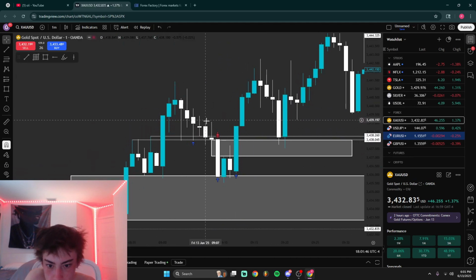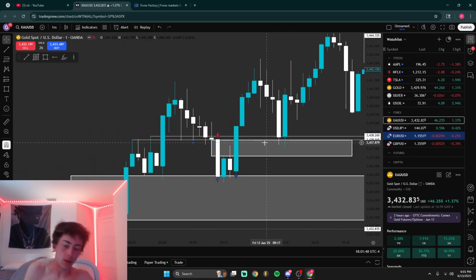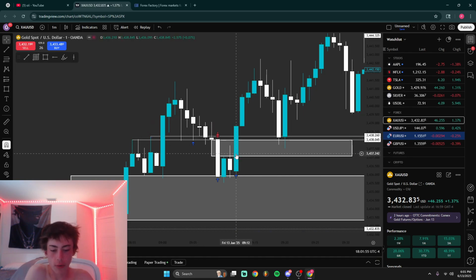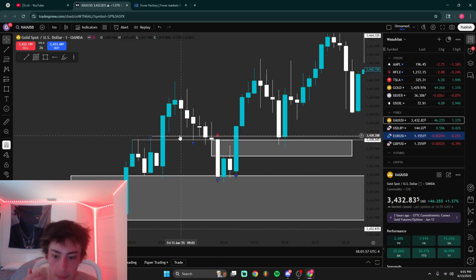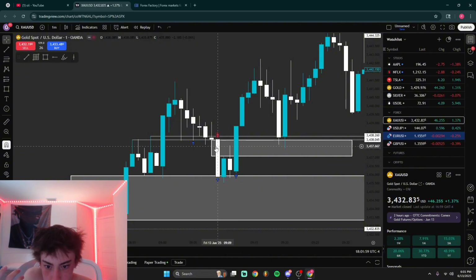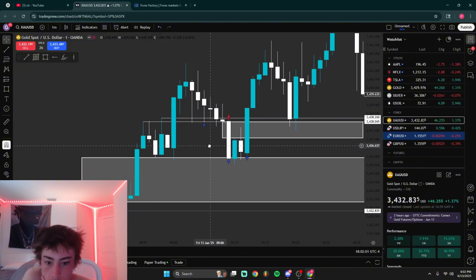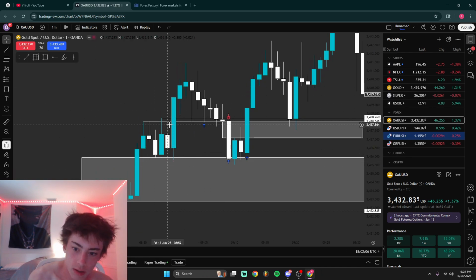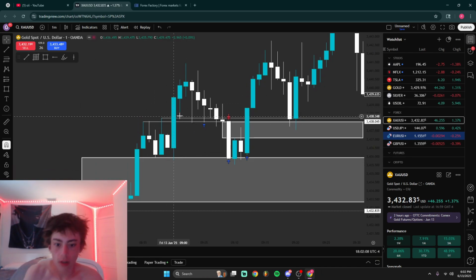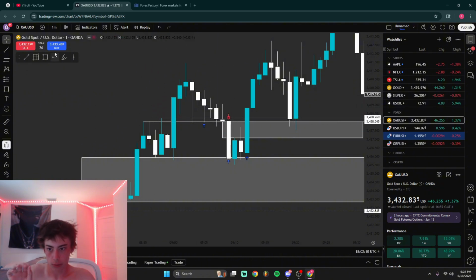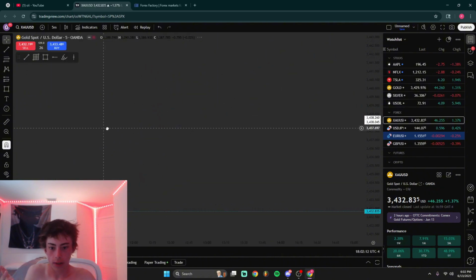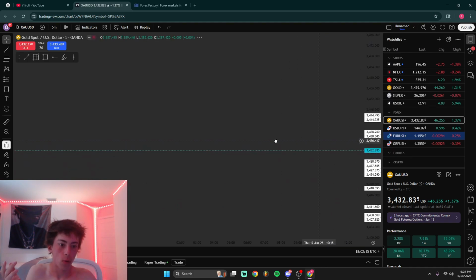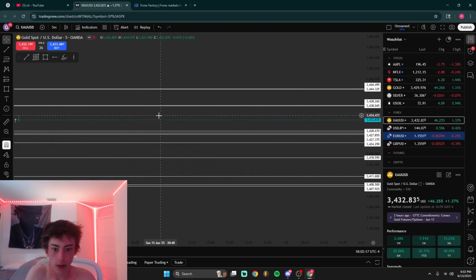Okay, so we had price move down to this 1 minute, and I think I reversed my position here because we had an inverse. It was a little confusing, but I realized that this fair value gap right here, even though this one got disrespected, the higher time frame holds more value.